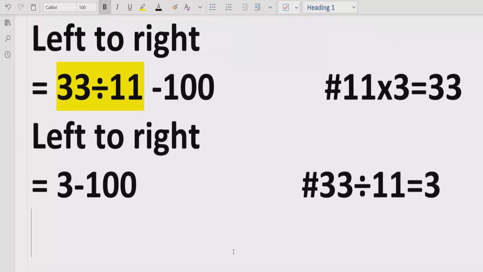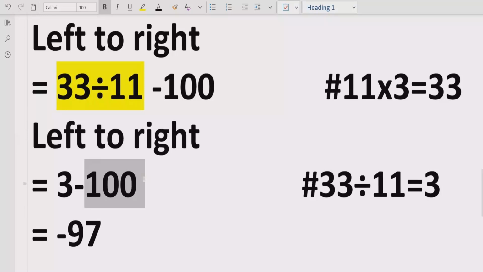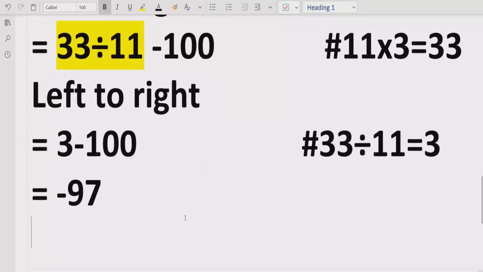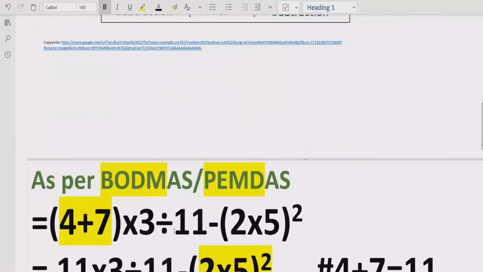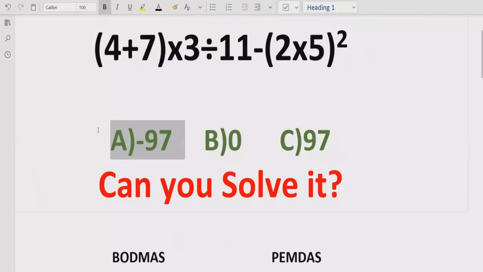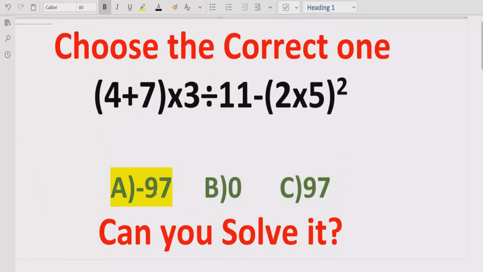Now we have two terms which are subtracting each other. So we will subtract both of them and the answer is 97. But not 97, it's minus 97. Why minus? Because we have the minus sign with the larger number, which is 100. So that's why we will write minus 97. So this is the correct answer of this expression. If you see the answer list, answer A is the correct answer of this expression.